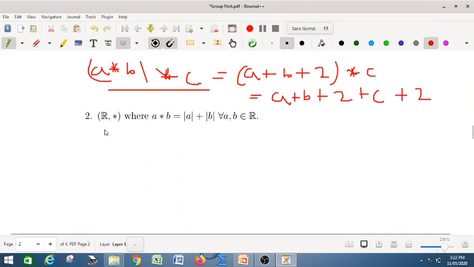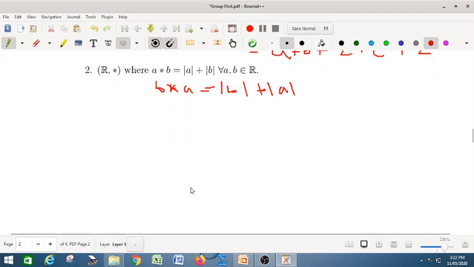Now let's take R, the real numbers, and the operation star is defined by A star B is equal to mod A plus mod B. Let's check it is commutative. It's very easy to prove that this is commutative because B star A is equal to A star B. If you take B star A, then it will be mod B plus mod A, which is the same as mod A plus mod B. So this is commutative. But let's check the associative property.